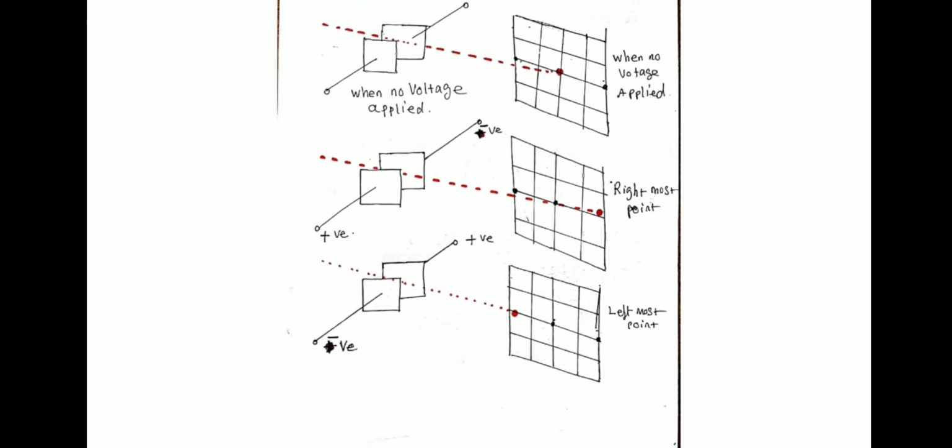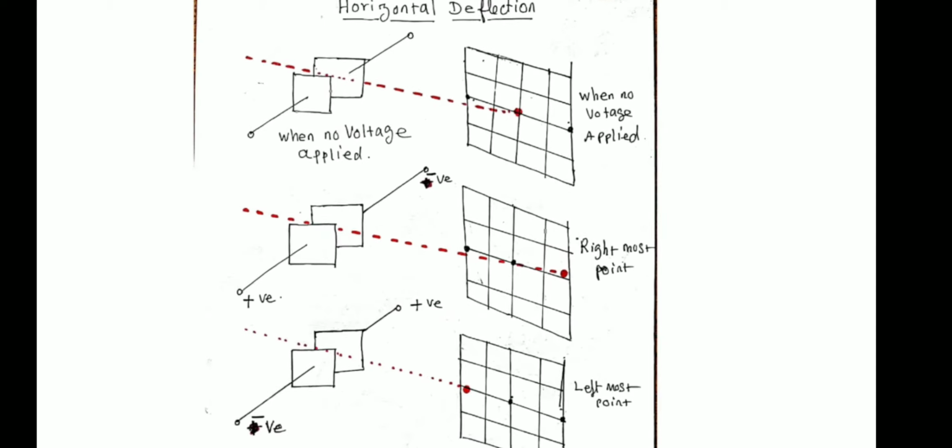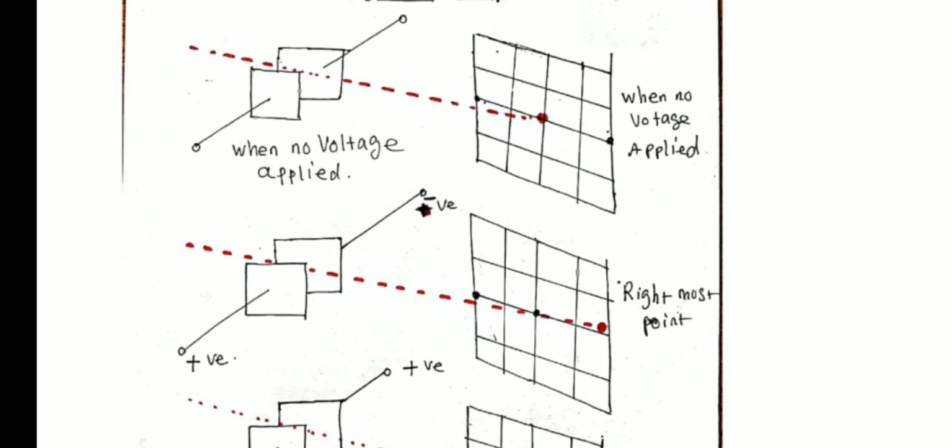Now let us recall the horizontal deflection. So in the horizontal deflection plates, when no voltage is applied the electron beam strikes at the center of the screen and the luminous spot appears at the center.